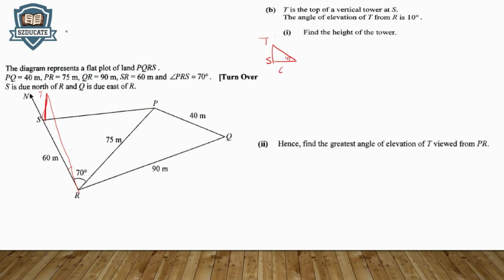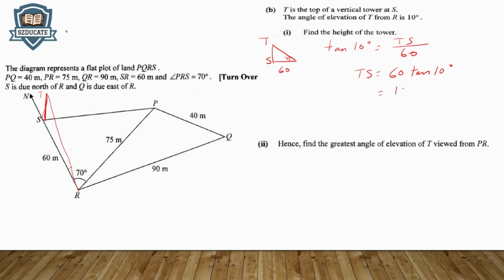And then fill in whatever you know. 60. And what do you want to find? You want to find TS. Now you have all the information. This is just basic trigonometry. And your relationship is tangent. Tangent 10 degrees will give you TS over 60. Now adjust it a bit. TS is equal to 60 tangent 10 degrees.